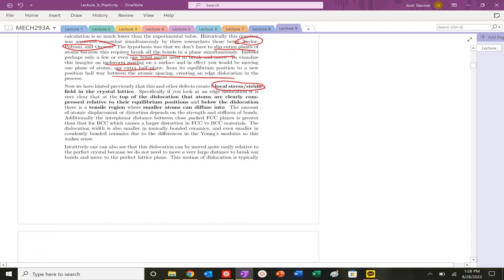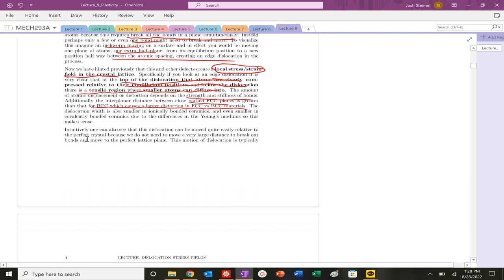So we've hinted before about these local stress and strain fields around the dislocations, with compression and tensile regions at the top and bottom of the extra half plane. There are different interplanar distances between FCC close-packed planes and BCC non-close-packed planes that will essentially change the distortion in your lattice.